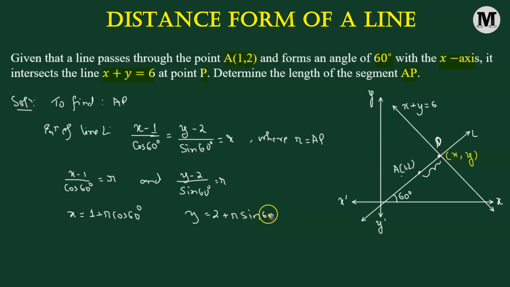Now we know cosine 60 and sine 60 both have standard values. So x = 1 + r times cosine 60, that's 1/2, so we get r/2. Similarly, y = 2 + r times sine 60, and sine 60 is square root of 3 over 2. So we have 2 + (square root of 3 over 2) times r.